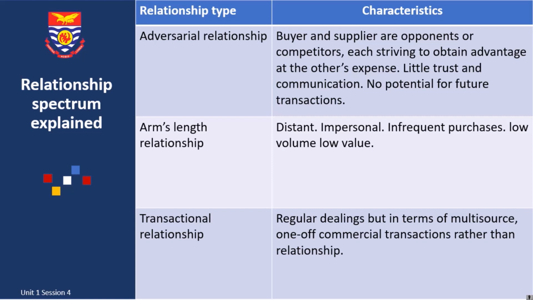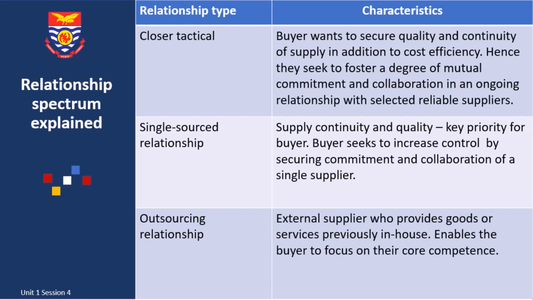Then we move on to transactional relationships, where there are regular dealings, but the buyer has multiple choices to select their supplies. Hence, there is little or no commitment between the buyer and the supplier in this case.